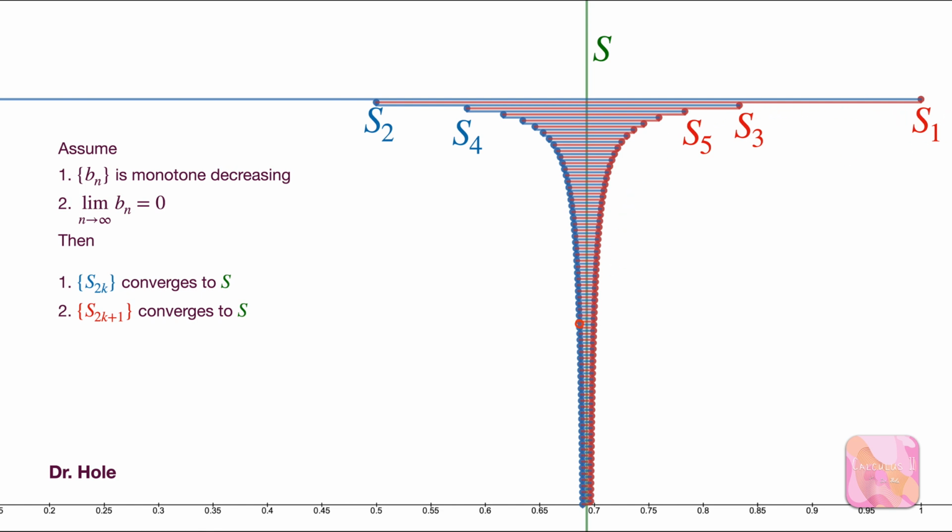And then for them to be asymptotic with some nice vertical line, x equals S, we'll need that the limit of those terms tends to 0. We have to have that the blue and consecutive red terms get closer and closer. How does that happen? That only happens if the Bn's tend to 0.